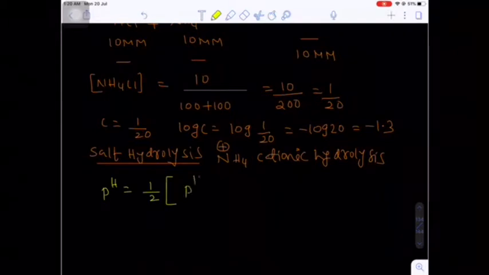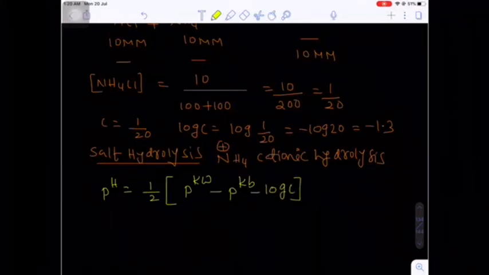That is, pH is equal to half into pKw minus pKb minus log C. Yes or no?